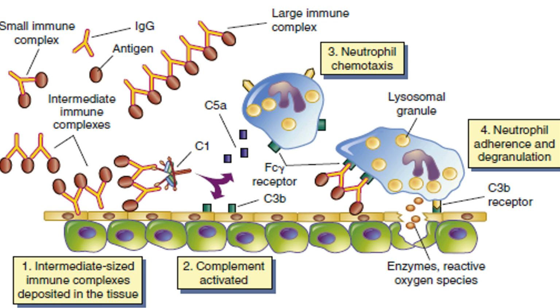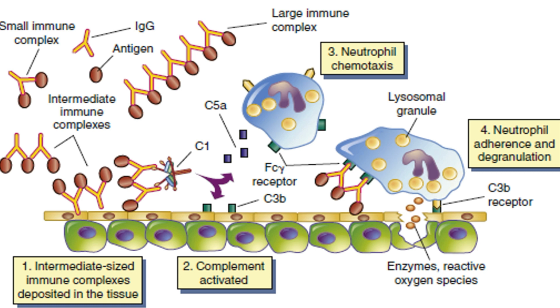The complexes activate the complement cascade through complement 1 and generate fragments including complement 5a and 3b. Complement 5a is a chemotactic factor for neutrophils, which migrate into the inflamed area and attack the IgG and complement 3b in the immune complexes.